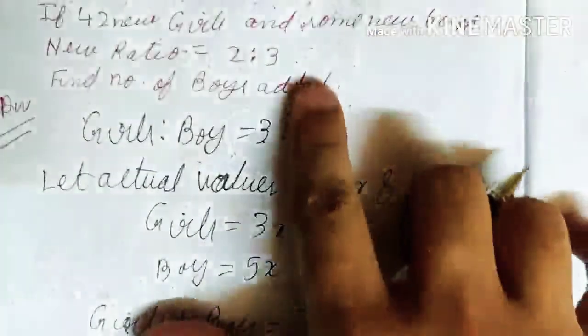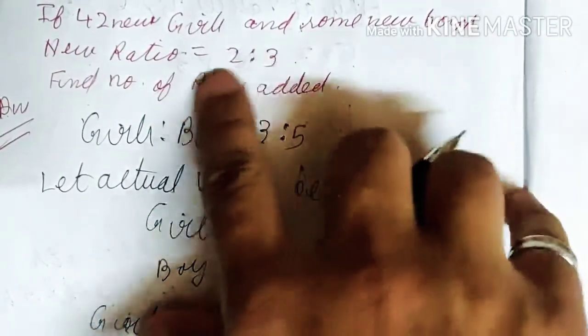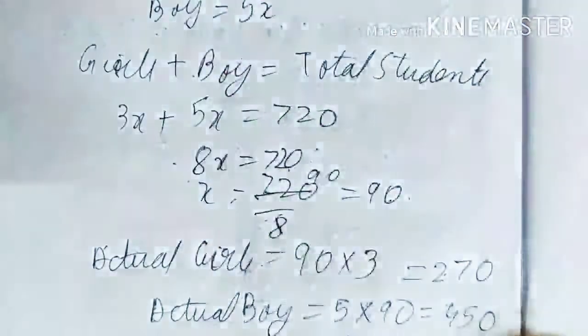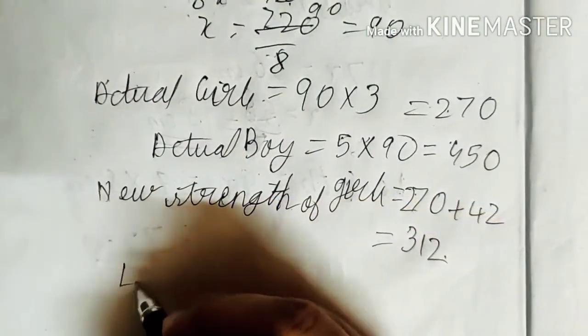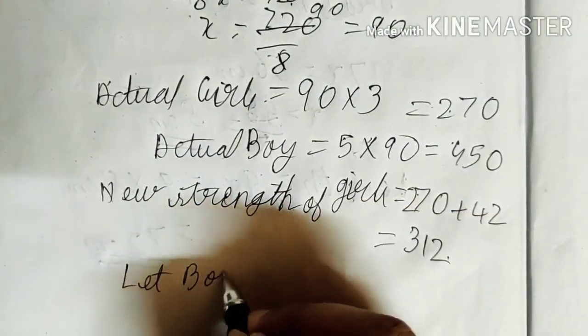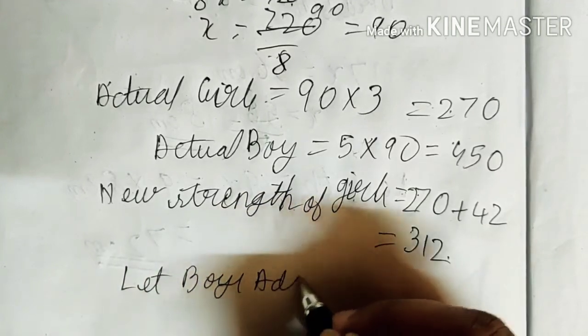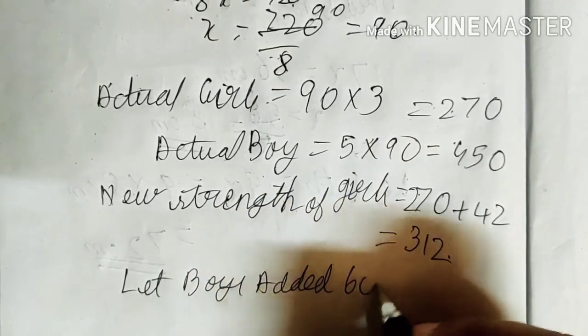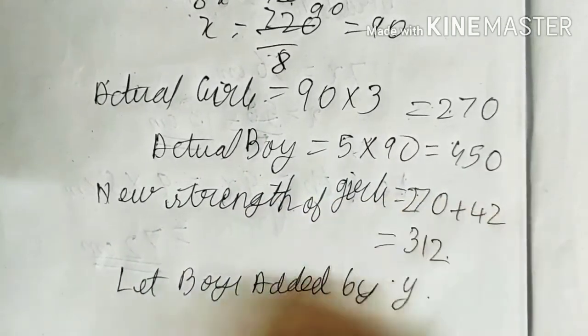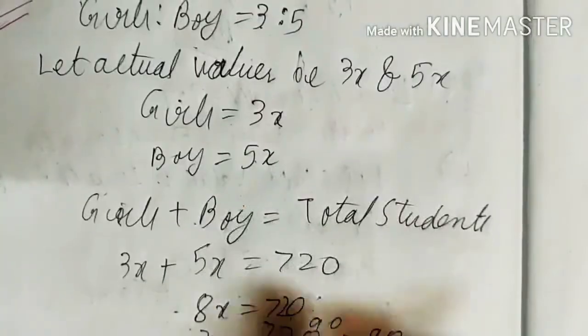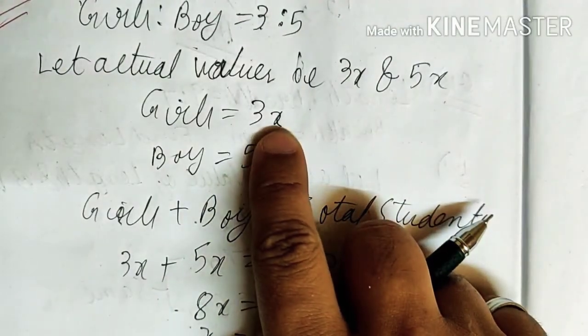The question says that some boys also were added. So we don't know the number of boys. So let the boys added be y. Why did we take y? Because we have taken x here. So we cannot take the same variable two times in a question. So we will take the number of boys added to be y.